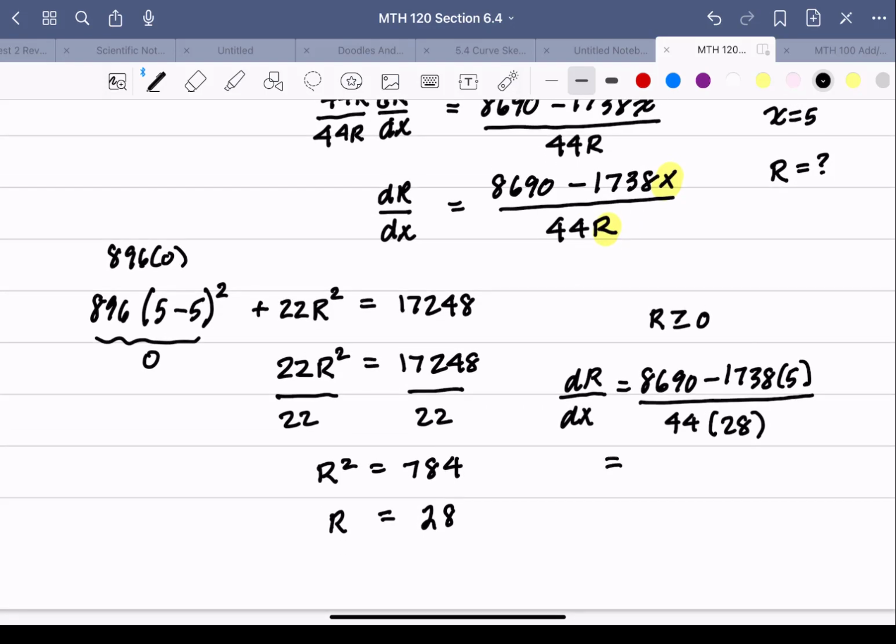So that's 8690 minus 1738 times 5, which is actually 0. And 44 times 28 is a little bit irrelevant, but I'll go ahead and do it. 1232. So it's 0. So there is no change in revenue at 500 units sold.